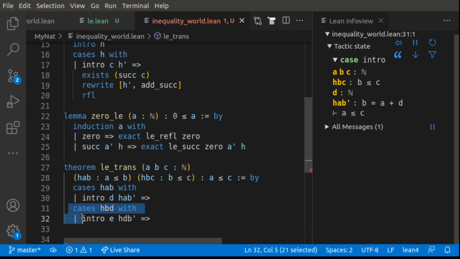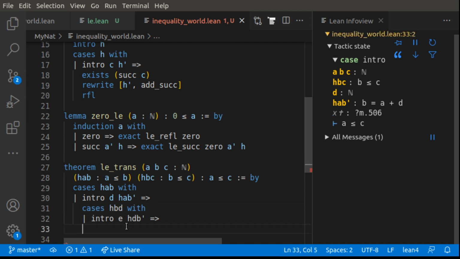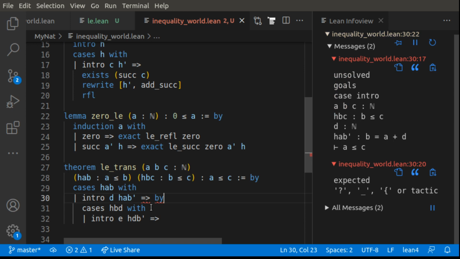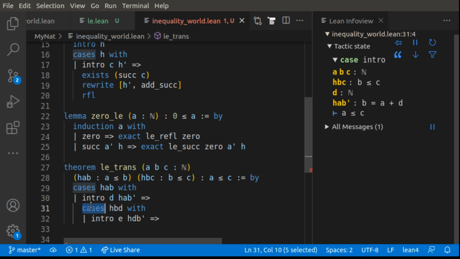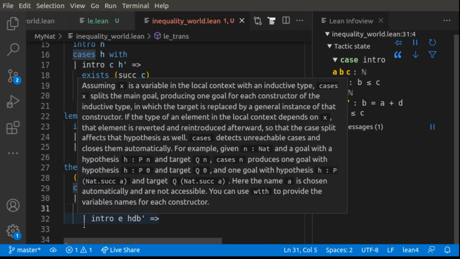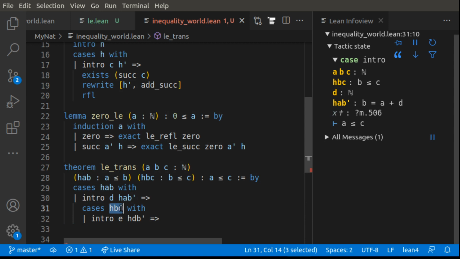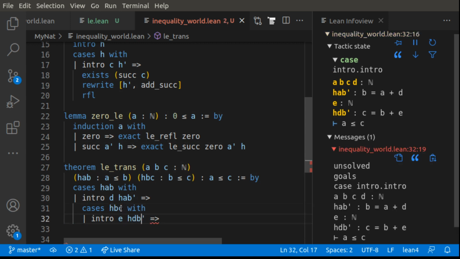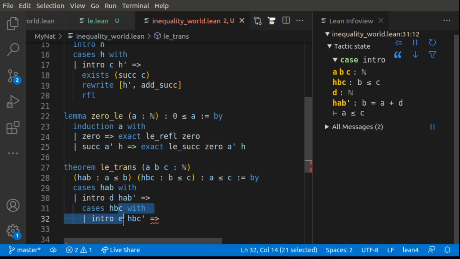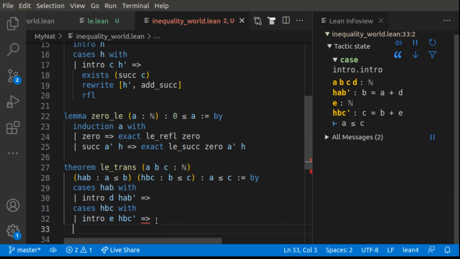I need to indent you. No. Why did this not work? Oh, no, HBC. HBC. Okay.